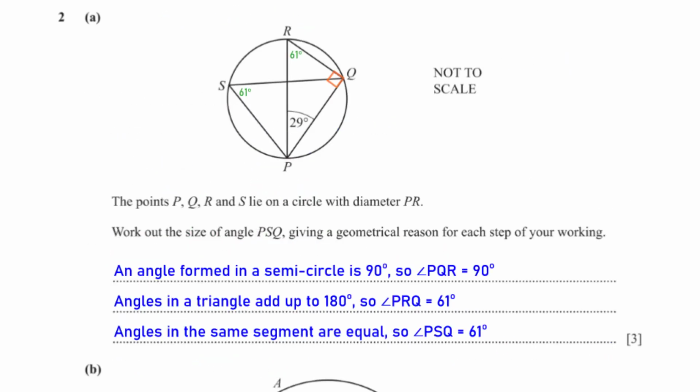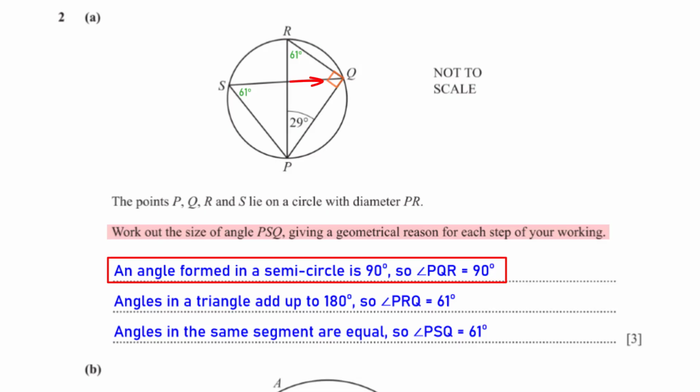The points P, Q, R, and S lie on a circle with diameter PR. Work out the size of angle PSQ, giving a geometrical reason for each step of your working. An angle formed in a semicircle is 90 degrees, so angle PQR is 90 degrees. The sum of the angles in triangle PQR must add up to 180 degrees.